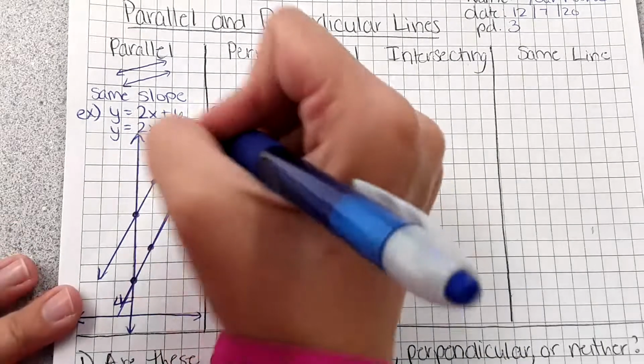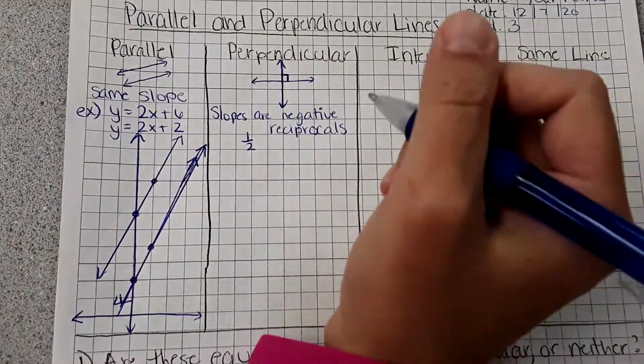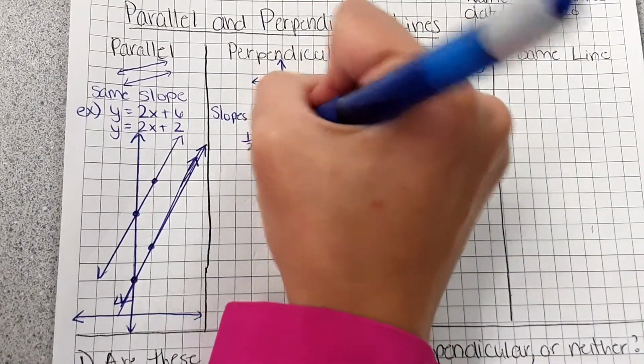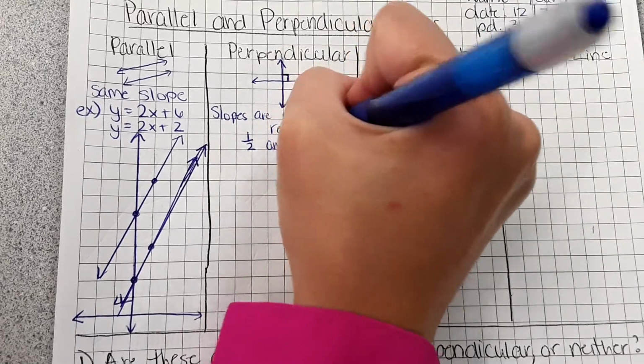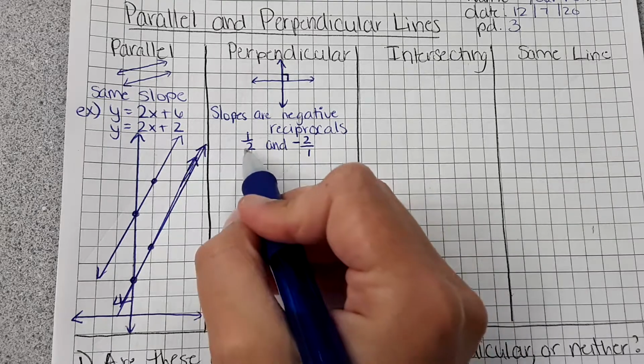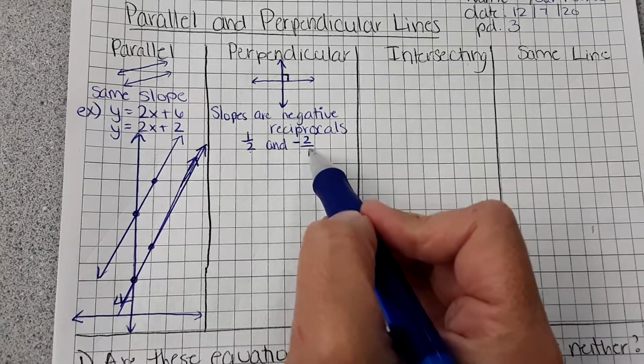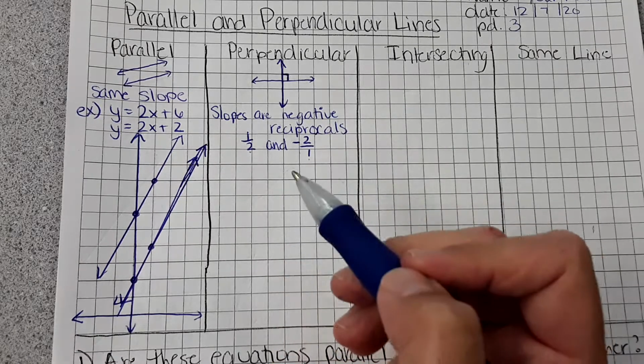So for example, if you have a slope of 1/2, a line perpendicular to it would have a slope of negative 2 over 1. So you flip the fraction and make it negative, or if your original number is negative, you make it positive. Obviously, you wouldn't write this as negative 2 over 1, you just write it as negative 2.